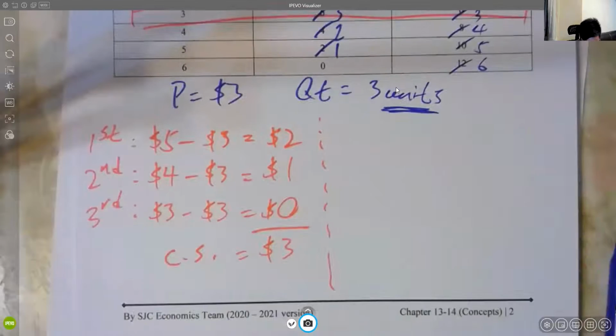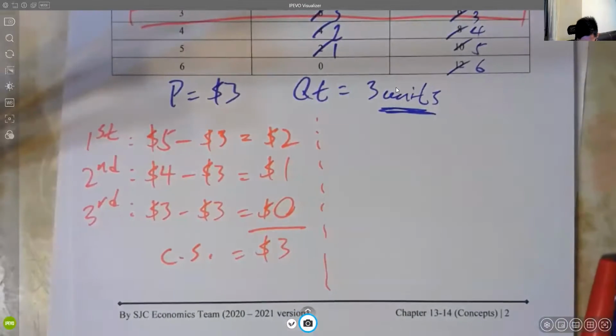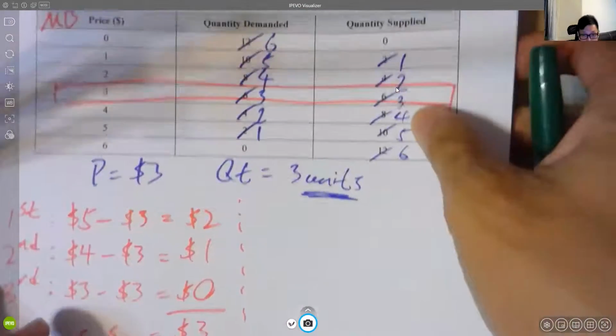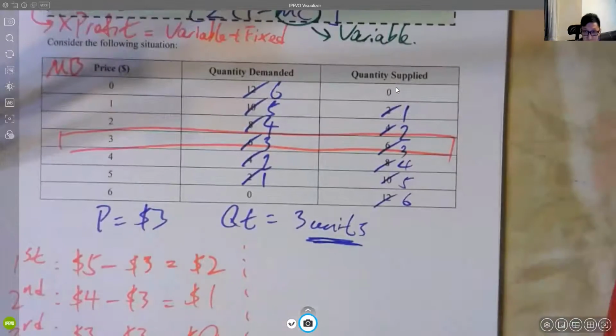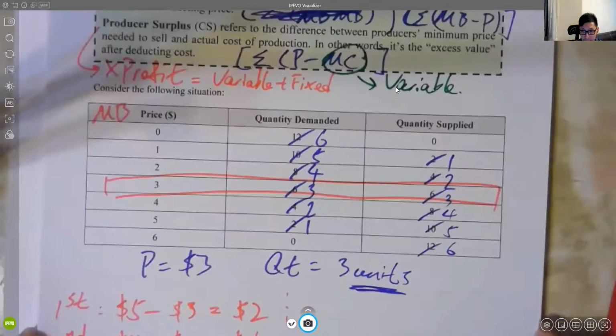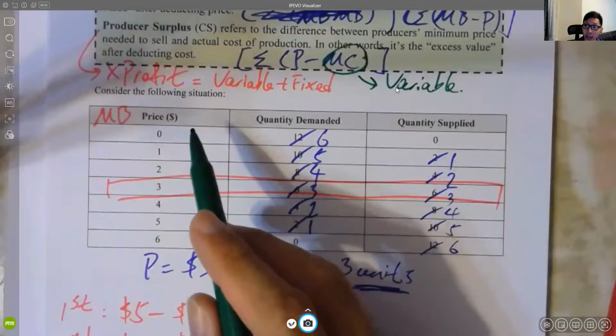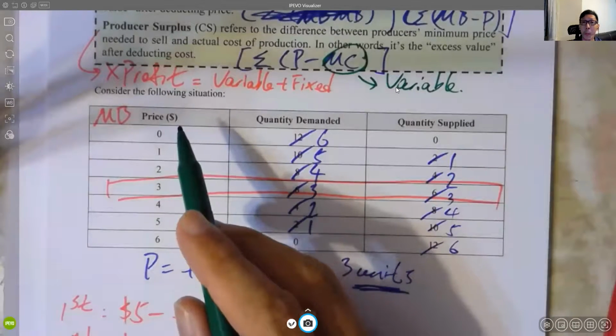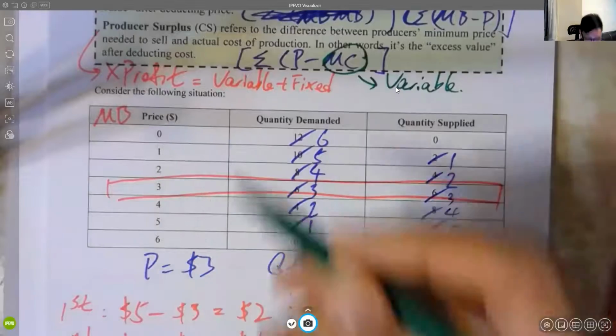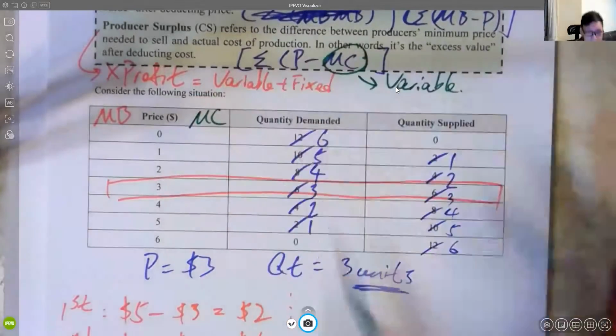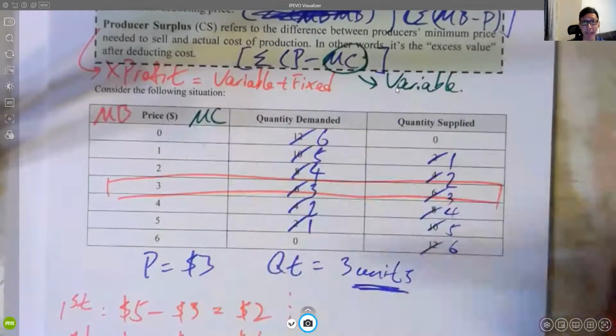All right. Now, using the same logic, we can apply it here. Now, let's use a green one to indicate our supply side. Now QS, supply. Remember, supply curve can also be viewed as our MC curve. Therefore, this is also our MC.